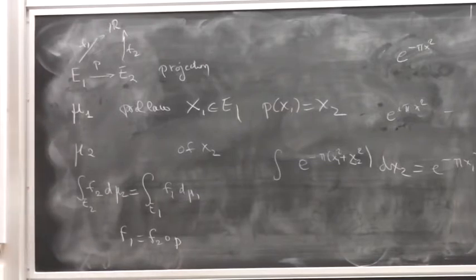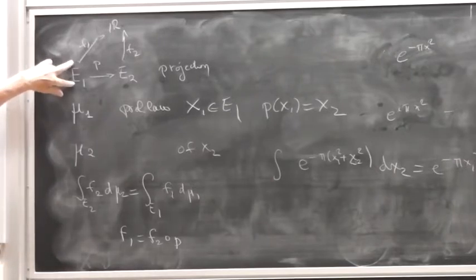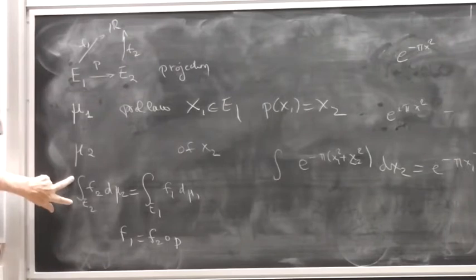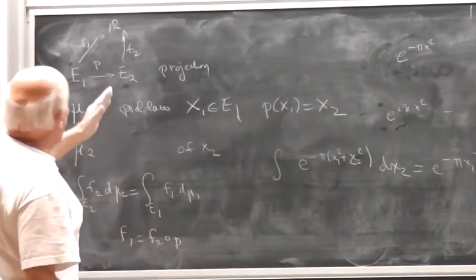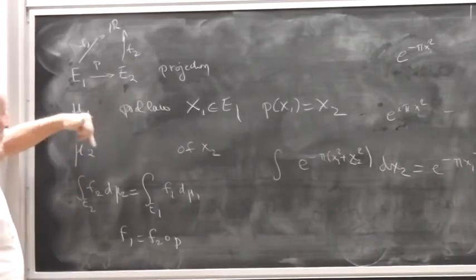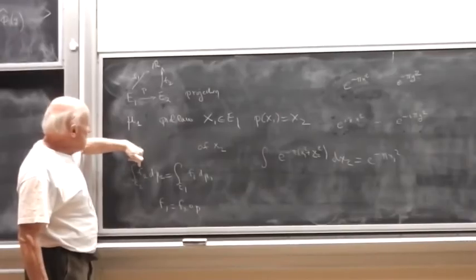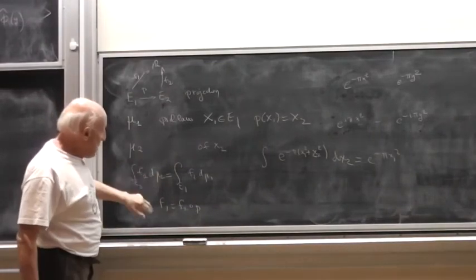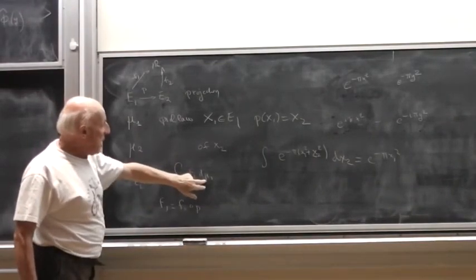But our definitions are such that it works for integrable distributions. If I take an integrable distribution, the same formula holds. That means now I take for f2 a test function on E2. I have to match f2, which is a test function on E2, with something. And by definition, I take f1, which is a composition, and I replace m1.